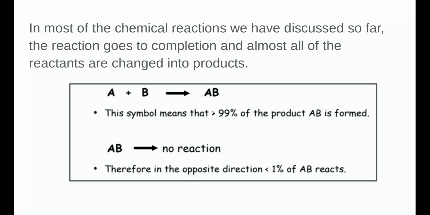So that's telling us that less than 1% of AB will go backwards into making A plus B. And because very little of it will actually go backwards, we say that the reaction goes to completion and all of the reactants are made into product.